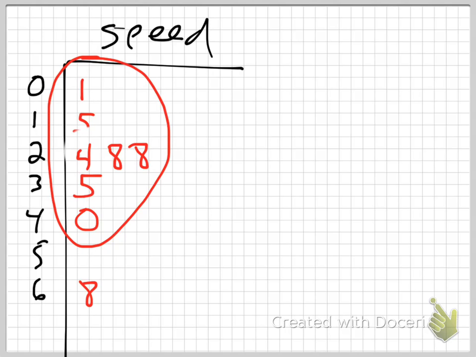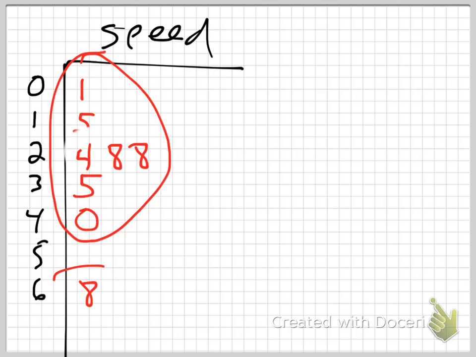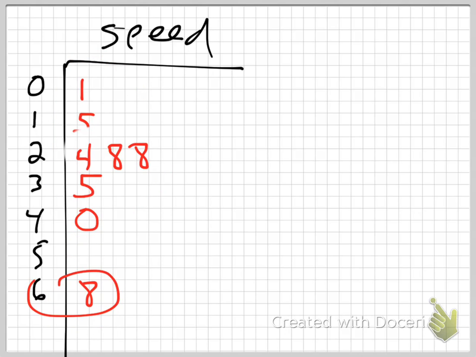You see how they're all kind of clumped together? What's the outlier then? 68. Right? If I was to take an average here, that 68 is going to make this whole thing go way up. Does that make sense? The rest of it is kind of clumped together. He is all by himself. What animal is this? Probably cheetah, right? Cheetah. What animal is this? Probably a snail, an ant, a sloth, something like that, right? Okay.